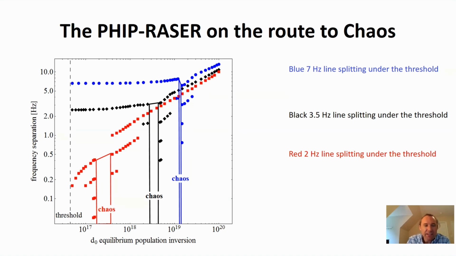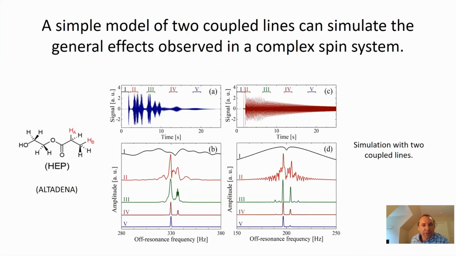And things unfold in interesting ways. One of the take-home messages that I thought was really interesting is that a simple model, simply using two coupled lines, already predicts the behavior of these systems that are much more complicated in nature as a function of polarization.